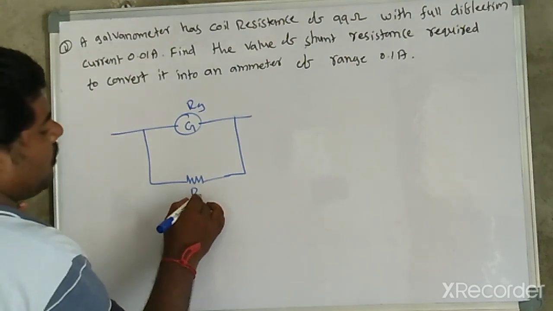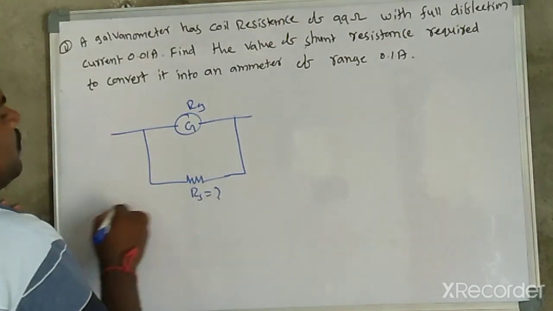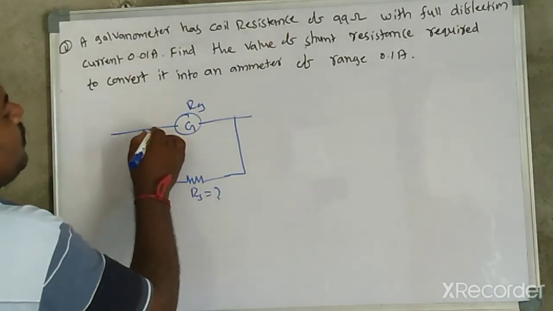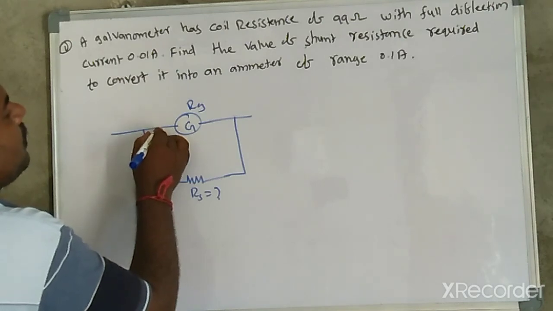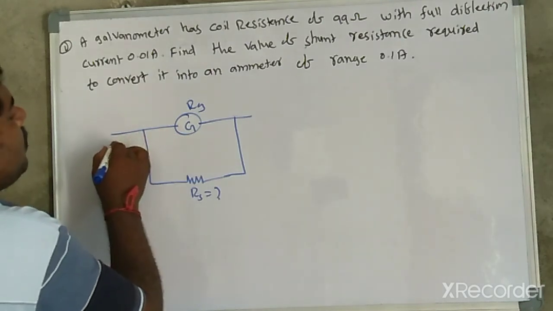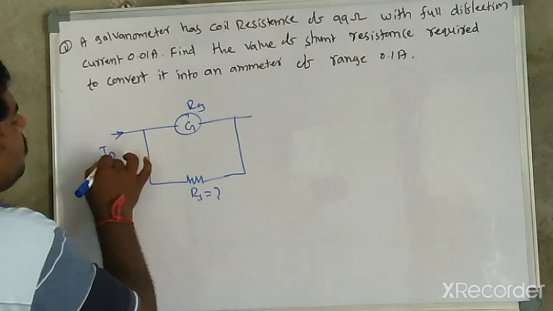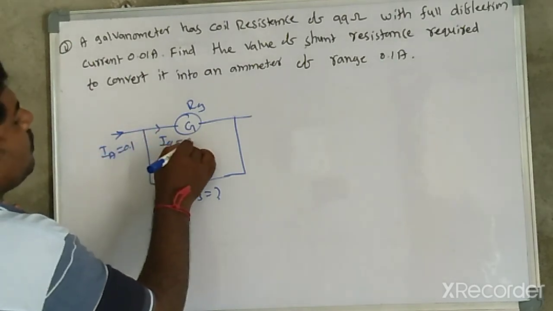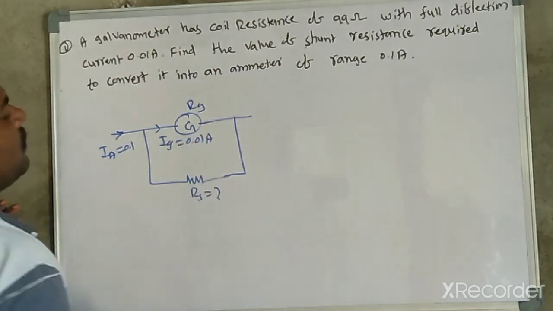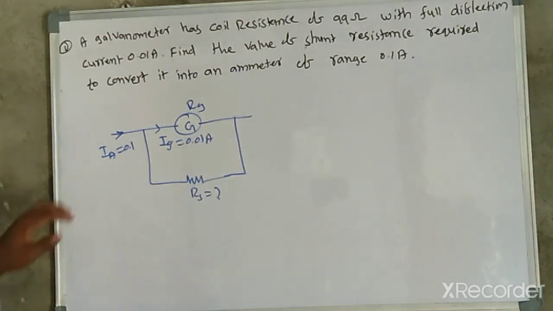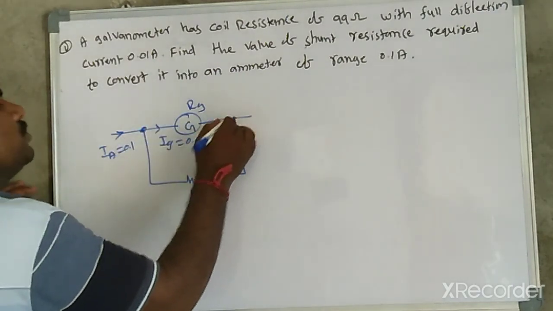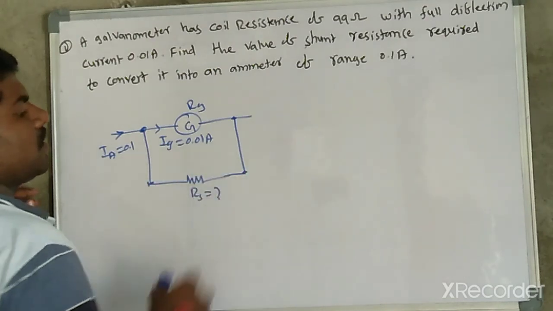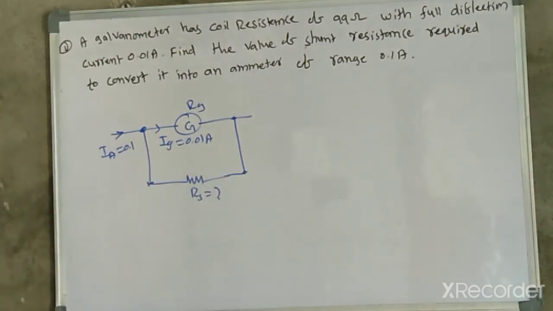This Rs value we don't know, they are asking for this Rs value. Here the IA value should be equal to 0.1 and Ig is given as 0.01 ampere. The potential across the galvanometer should be equal to the potential across the shunt.